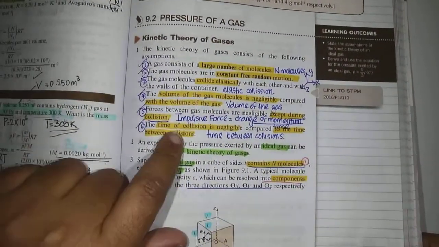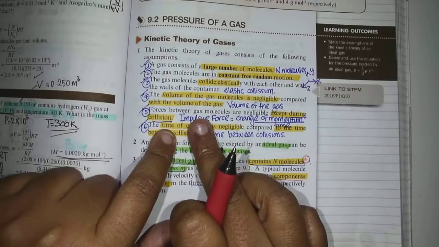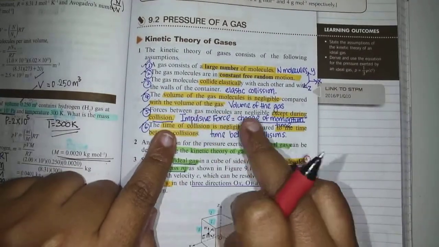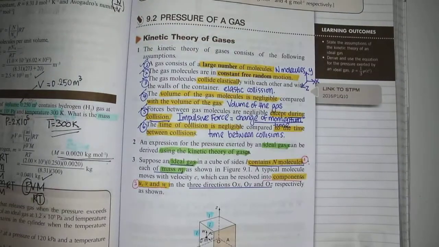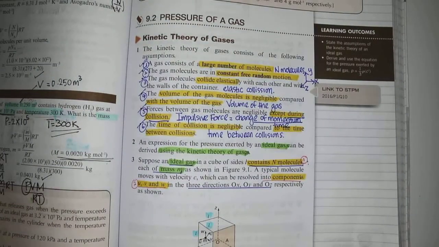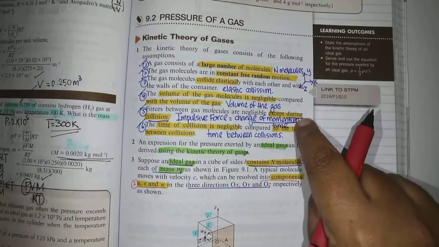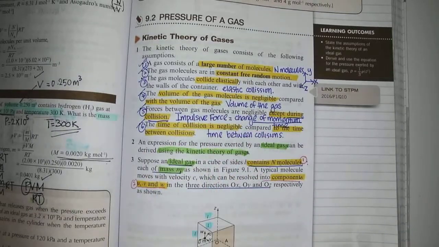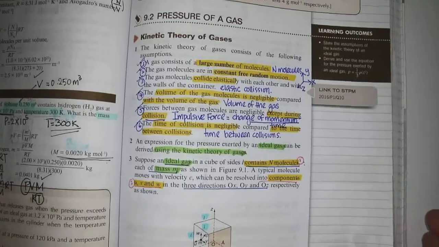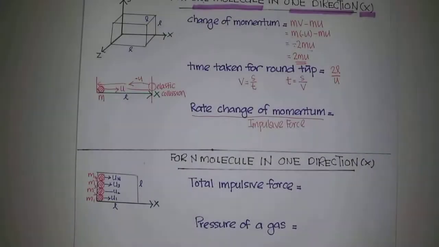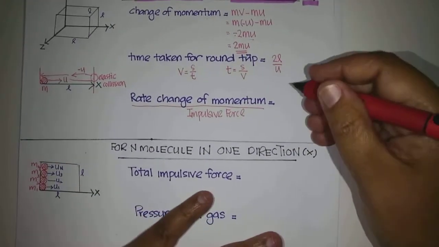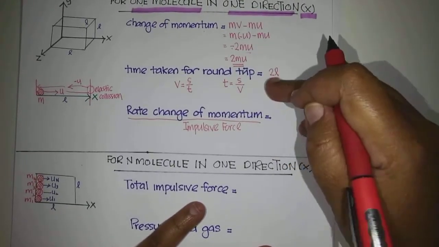Because according to assumption number 5 of the kinetic theory of gases, forces between gas molecules are negligible, except during collision. So only impulsive force is taken into account to prove the pressure of a gas. Here, impulsive force is change of momentum over time taken.